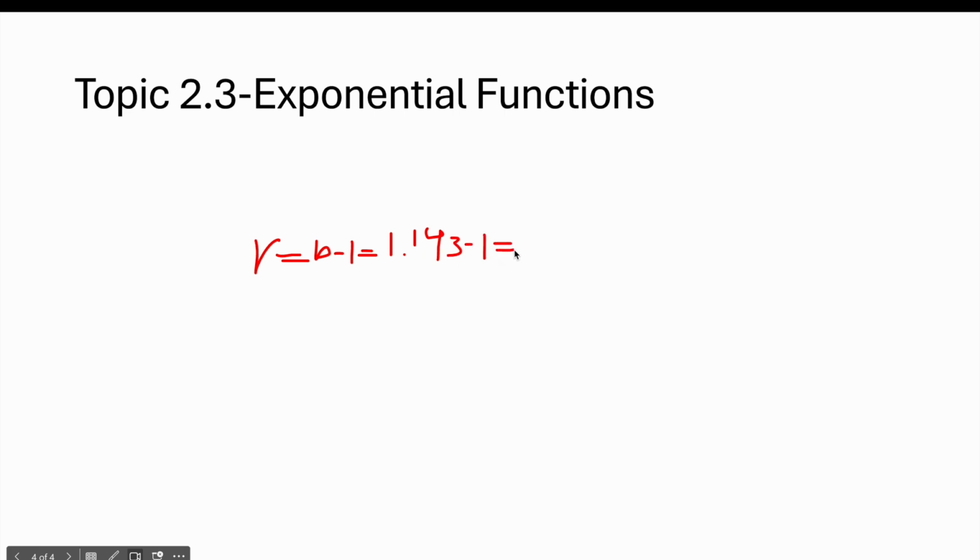That gets you your R value of 0.143, but this is not the percent increase. You would have to multiply that by 100% to find out that the population increased by 14.3% every year. That's R.